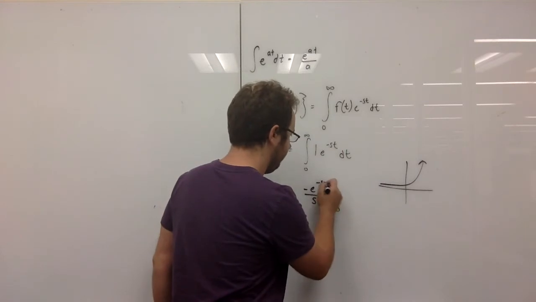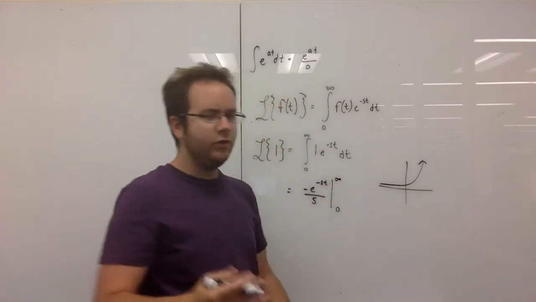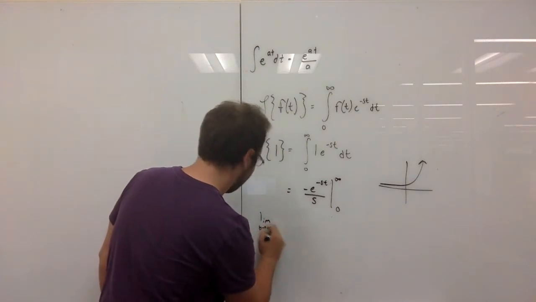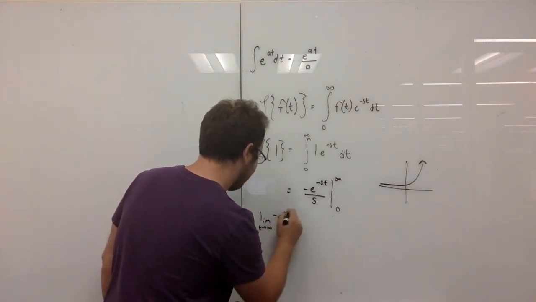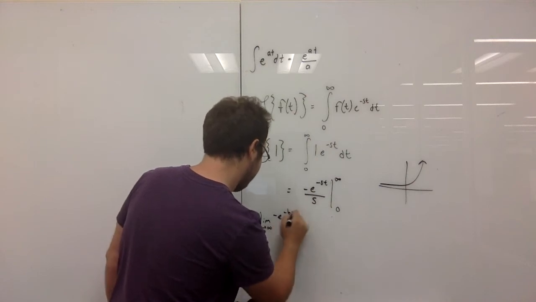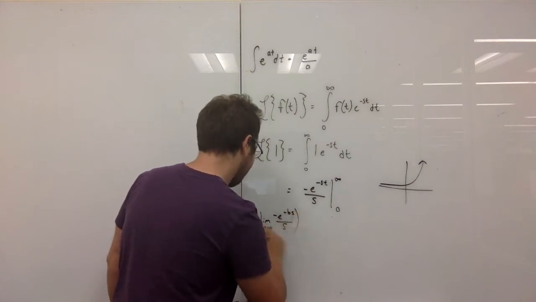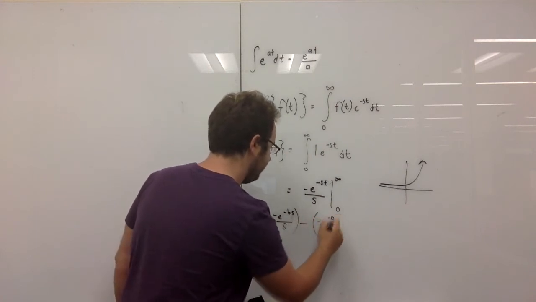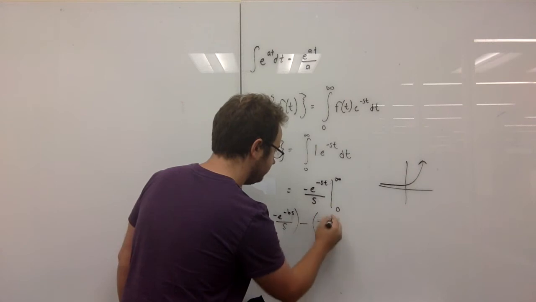You can do it using the Calc 2 method if you want to: the limit as b approaches infinity of -e^(-sb)/s, minus what you get when you plug in 0. When you plug in 0, you get e^0 over s.